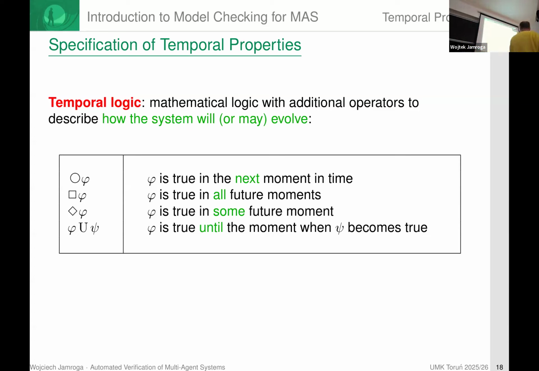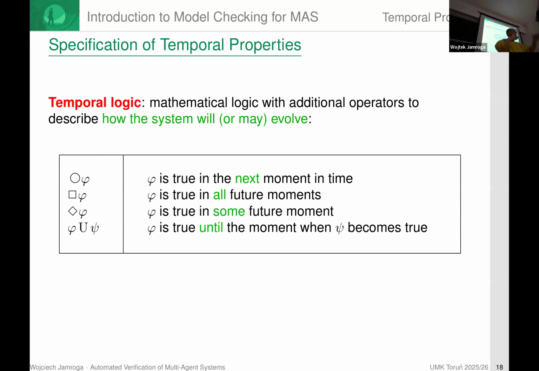Now, on top of that, besides operators like and, or, if-then, we add these special funny creatures, these circles, boxes, and so on, with the meaning that we are going to look at the evolution of the system in time, discrete evolution.